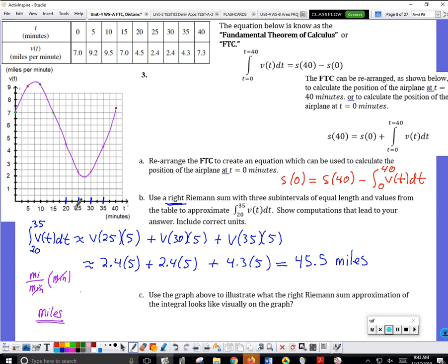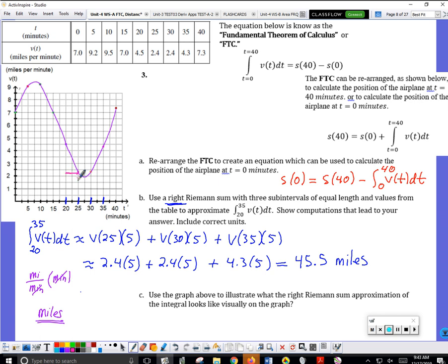Part C says use the graph to illustrate what the right Riemann sum looks like. Remember, not every time, but often when you are computing an integral, you can equate the integral with area. So here's what happens in this problem. For this first subinterval, we're picking V of 25, the velocity on the right side of the interval. That's this right here, the 2.4.